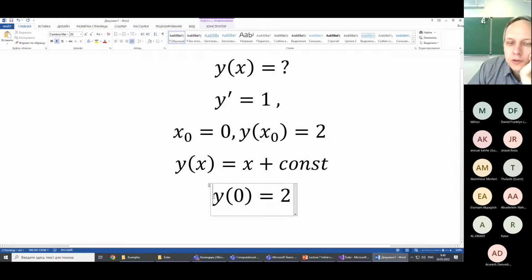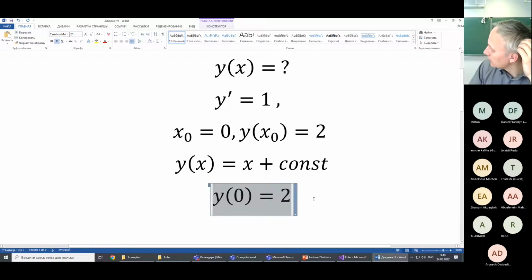Substitute x equals 0. Did you get 2? The constant equals 2.